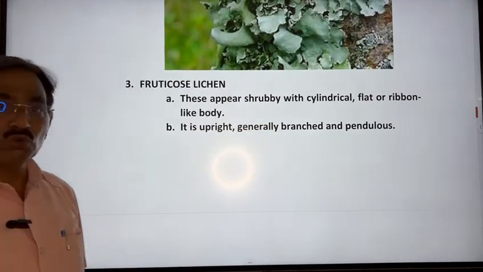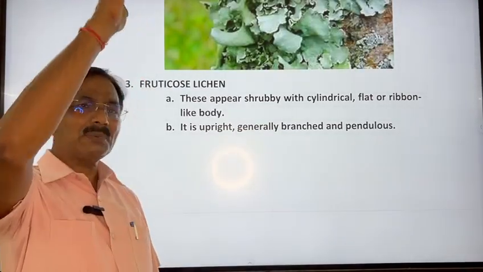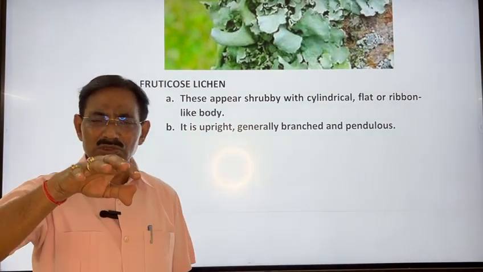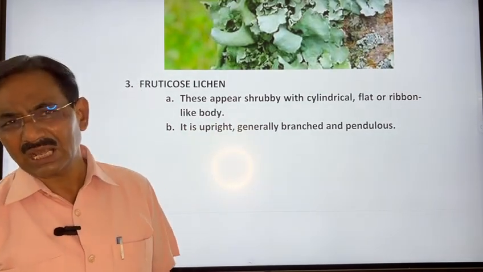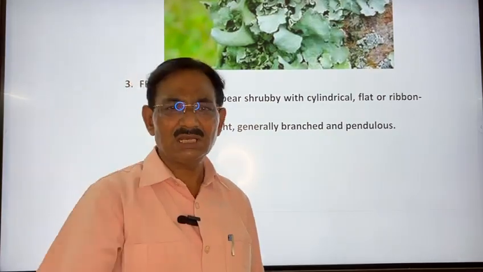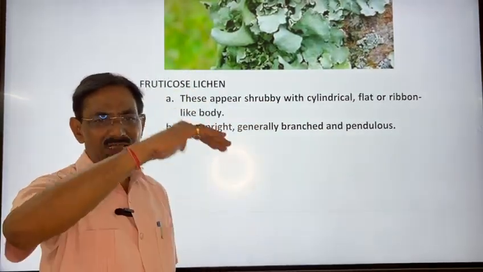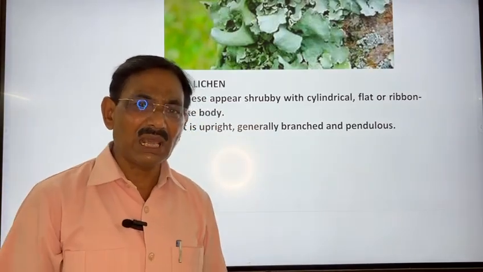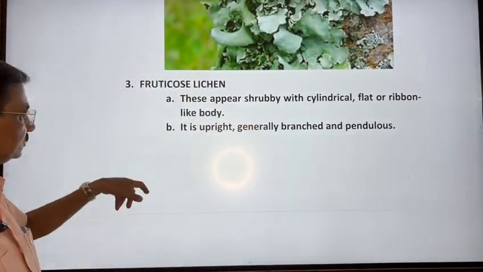There are two types. One grows upright and another grows downward. The downward ones are called pendant lichens. An example of an upward lichen is Cladonia, whereas an example of a downward or pendant lichen is Usnea.